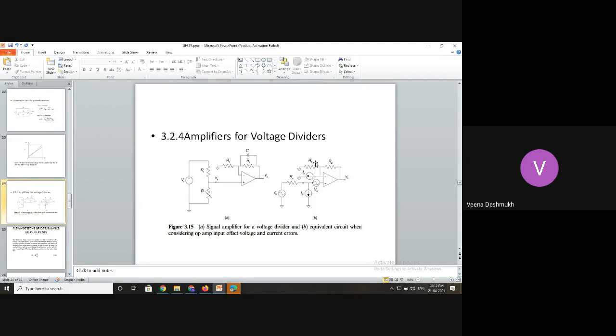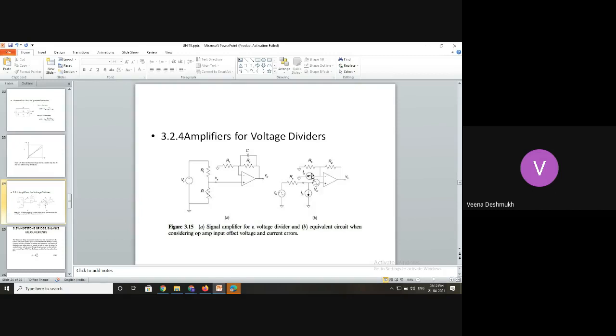Now by how much it should be amplified will be decided by this R2 by R1 combination. Because in op-amps, the feedback resistor is R2 in this case, from the output terminal to the inverting terminal, the resistor that forms the feedback path. And this R1 from the ground terminal forms the input path. So the feedback resistance divided by the input resistance gives me the gain of the op-amp.